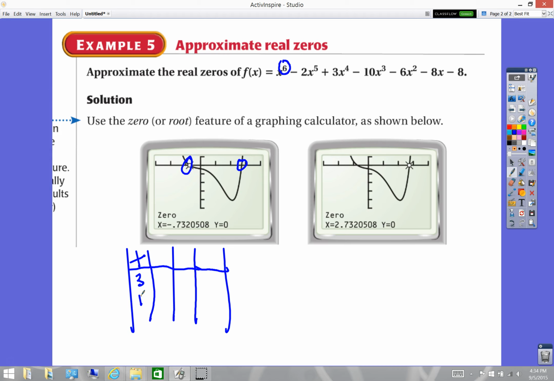If I did f of negative x, it would change this to a positive because that has an exponent of 5. It would change that to a positive because of the exponent of 3. And it would change that to a positive.